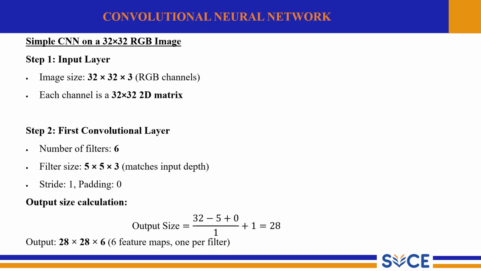So the output of this convolutional layer is 28 into 28 into 6. Here we have 6 feature maps, one for each filter, each of size 28 cross 28. This layer extracts 6 different features from the input image such as edges, textures or color patterns.